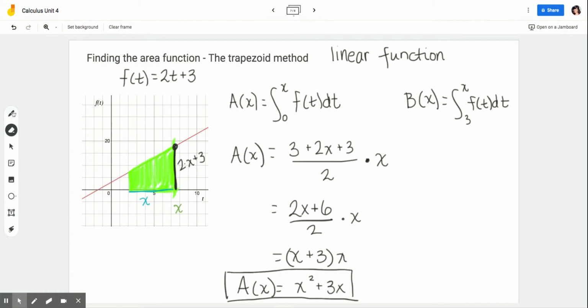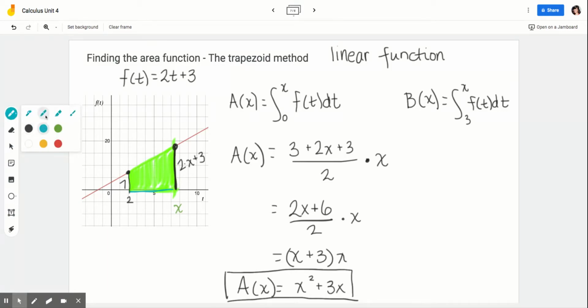Let's say instead I start when x is 2. That changes some things. What it does not change is this height over here. The height of this side is still, you plug x into the function. This height here comes from plugging 2 into the function. So 2 times 2 plus 3 is 7.